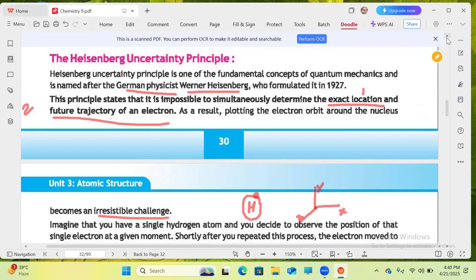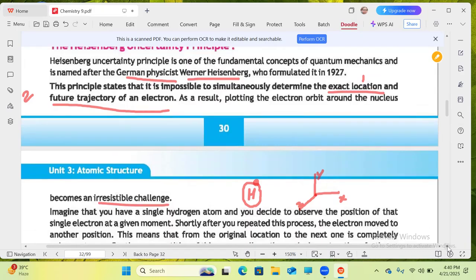The Heisenberg Uncertainty Principle touches upon briefly the concept that we can never know the exact location of an electron within an atom.